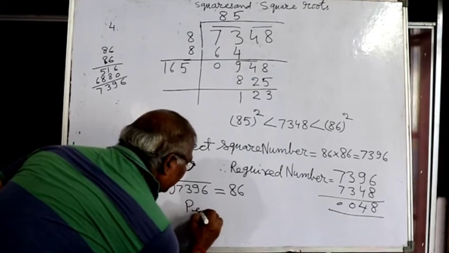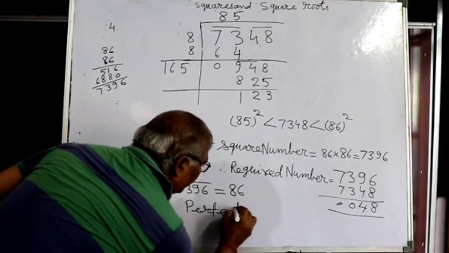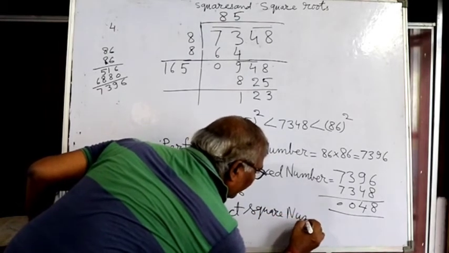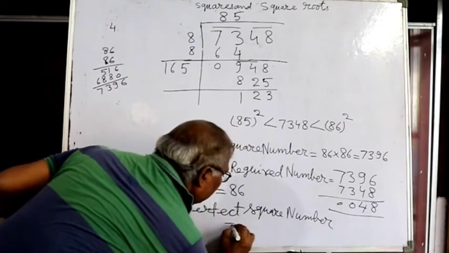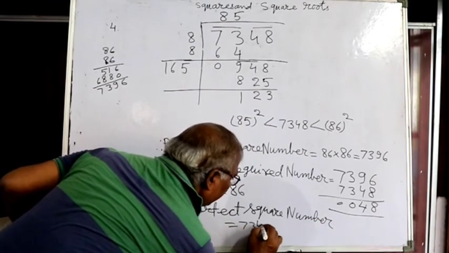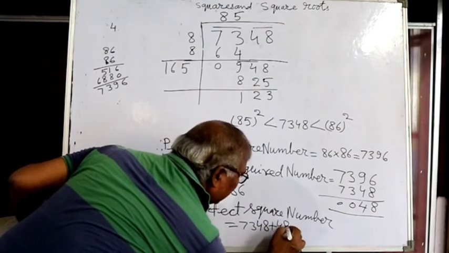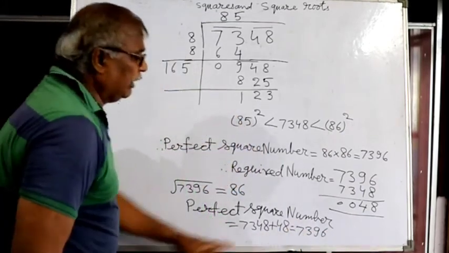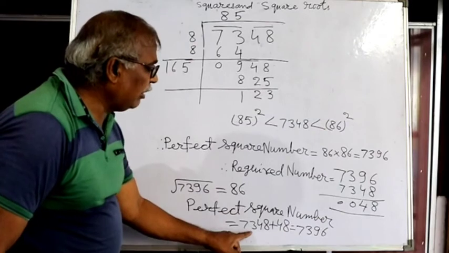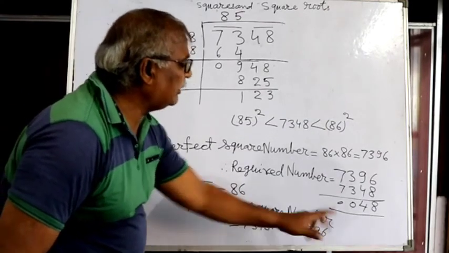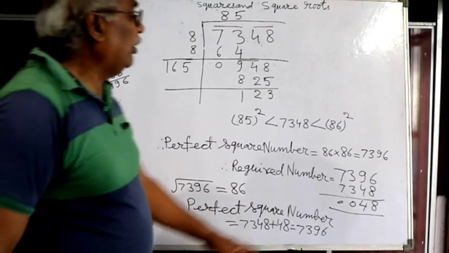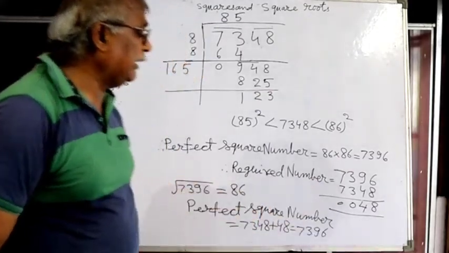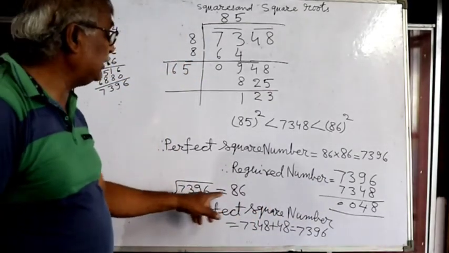Perfect square number is equal to 7348 plus 48, it is equal to 7396. So the required number is 48, the perfect square number is 7396 and its square root is 86.